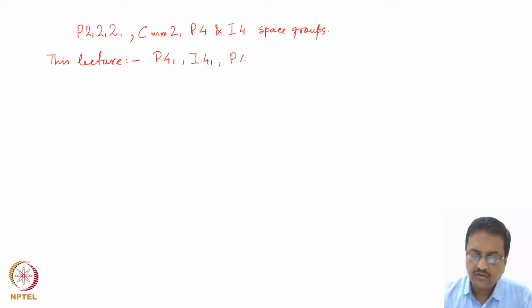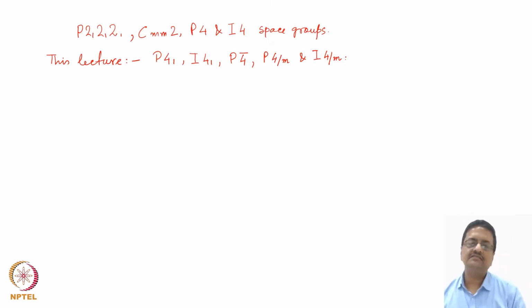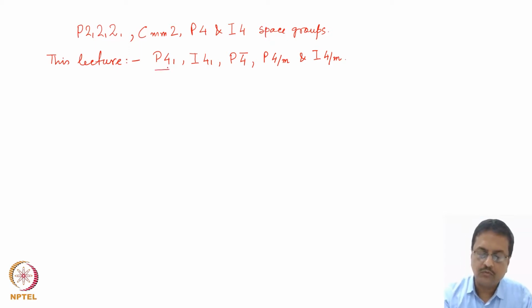Then we will learn how to draw P4 bar, P4 by M, and I4 by M. By doing these space groups, I will show you how P4 by M and I4 by M can be drawn with slightly different notations, which are also given in the International Table of Crystallography. So let us start today's discussion with the space group P41.